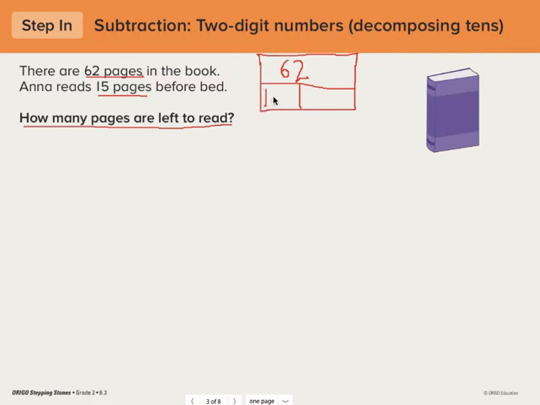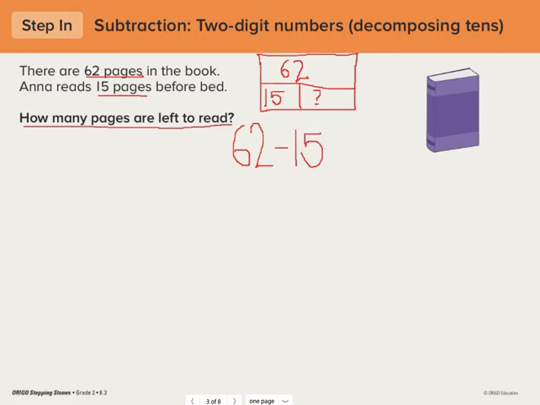So our total is 62, one part is 15, and we are solving for this other part. In this kind of situation, when we have our total and one part, our equation would look like this to solve for the other part: 62 take away 15. So we know that's what our equation would look like.